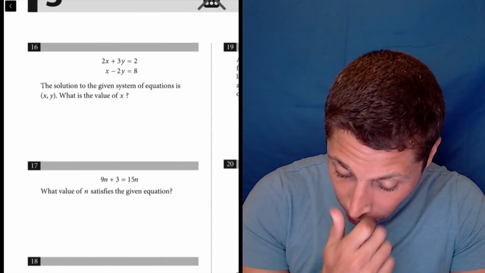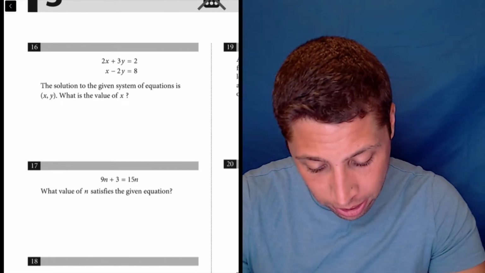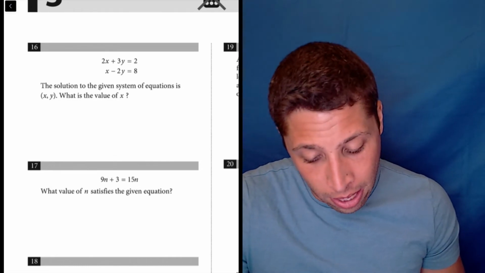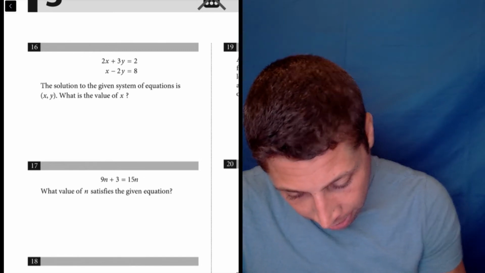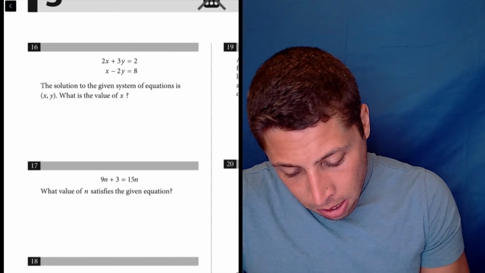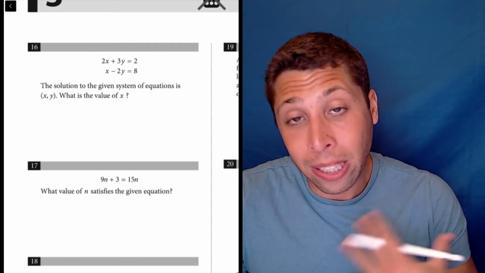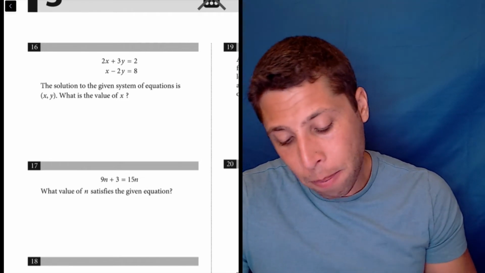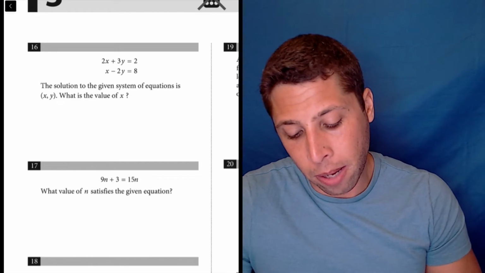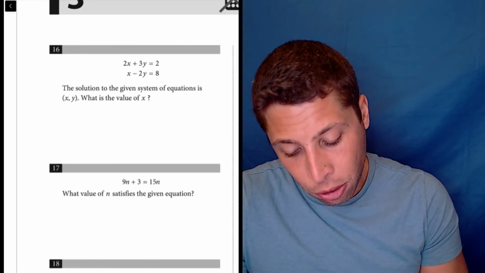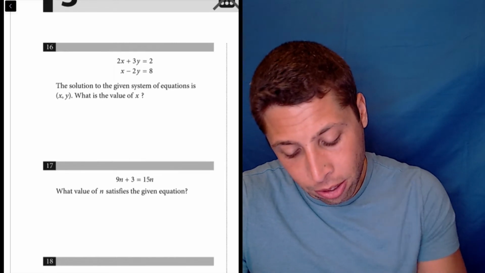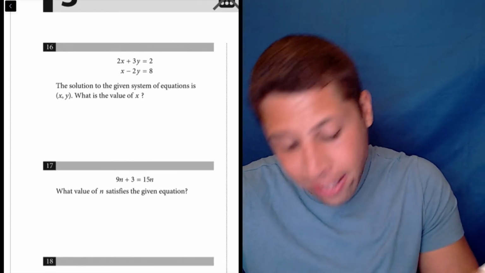So the solution to the given system of equations is x, y. What is the value of x? So we're just going to solve this the old-fashioned way. My instinct on these is to do elimination. But you might be able to do a little bit of substitution if you want. Let's do substitution.